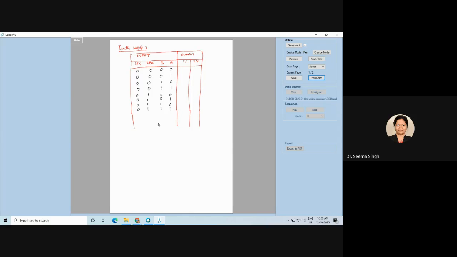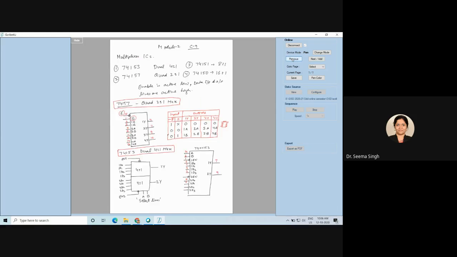For the first row, both enables are 0 and the select line says 0, 0. When the select line says 0, 0, which data input is selected? The first one. So both will be selecting 1D0 and 2D0, right? You can see here, the first input is 1D0, and here the first input is 2D0. So if the select line is 0, 0, it will select this first input 1D0.